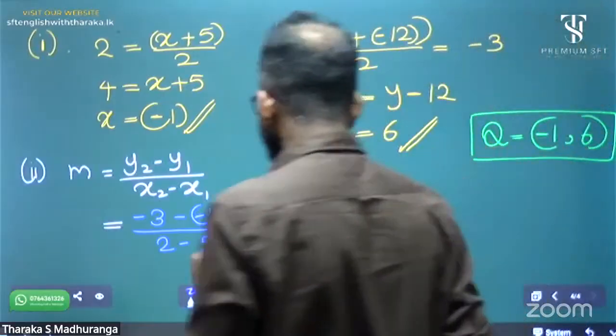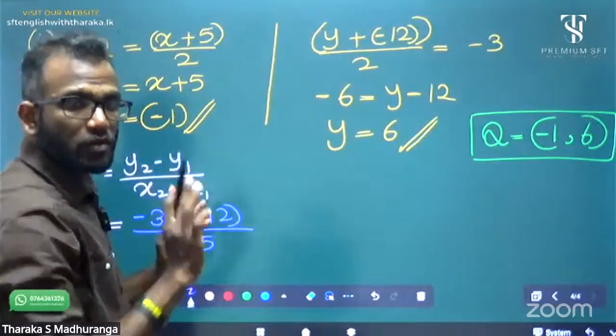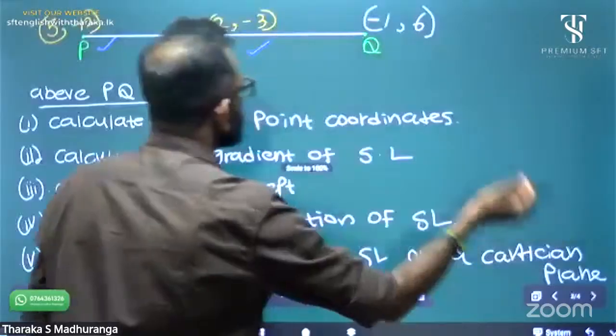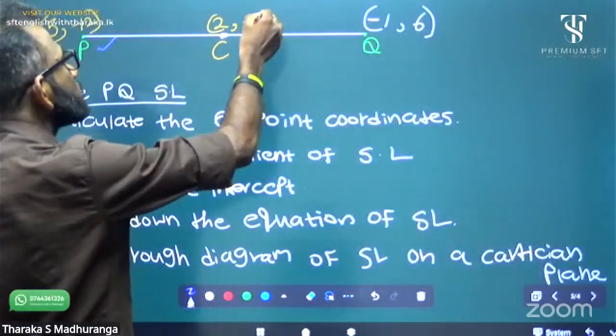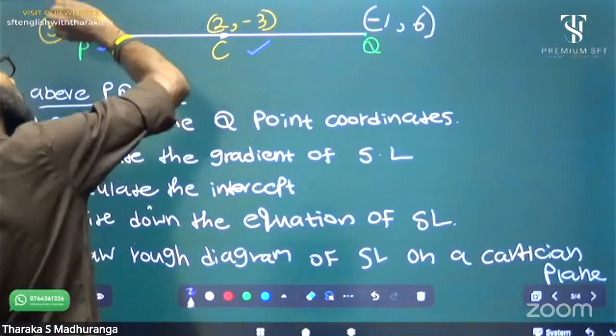You can't do it like this: minus 3 minus 12 over 5 minus 2 is wrong. You have to use the same direction: minus 3 minus 12, and 2 minus 5.